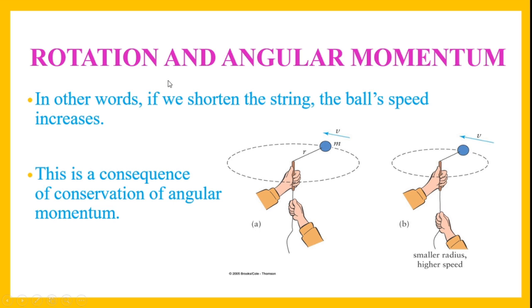But it should increase, because as r decreases, speed should increase, as we have seen in the earlier equations. This is nothing but the consequence of conservation of angular momentum. That means smaller radius means higher speed, and longer radius means lower speed. So this is due to the conservation of angular momentum.